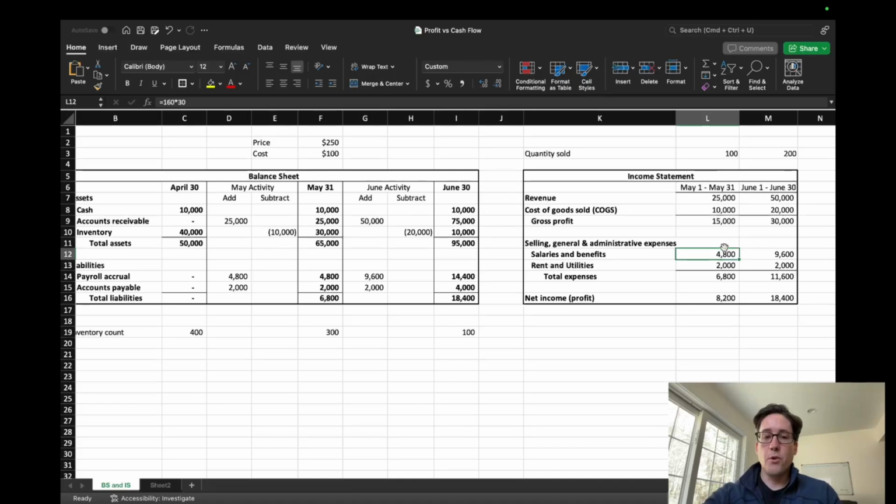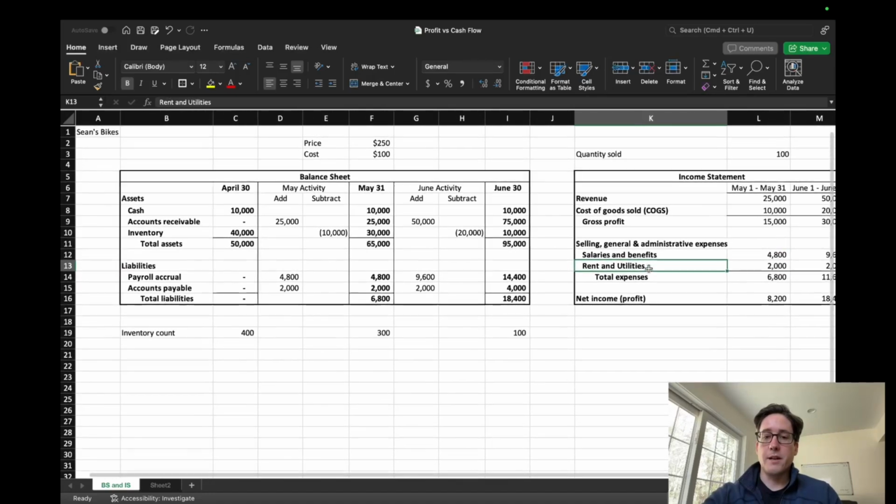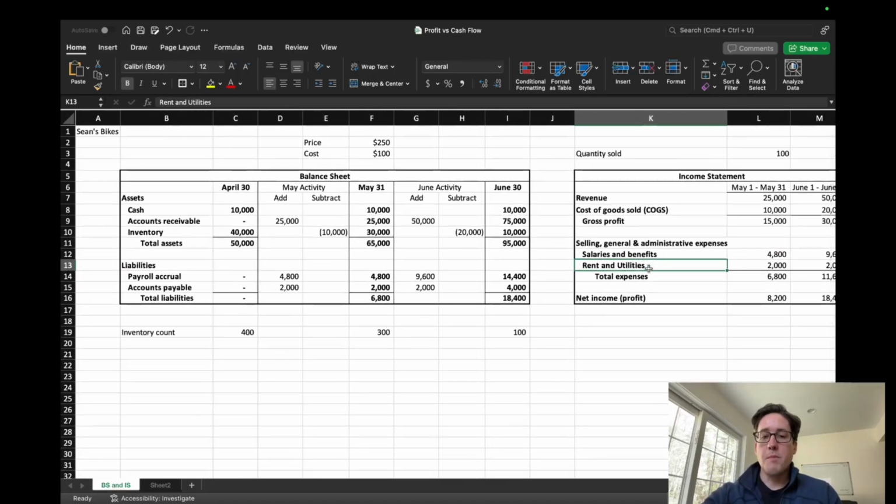So I owe them $4,800, but I haven't paid them yet at the end of May. And same with rent and utilities. You typically get a bill for that. I think most people pay on the first of every month with that as well. So let's just assume that's the case.